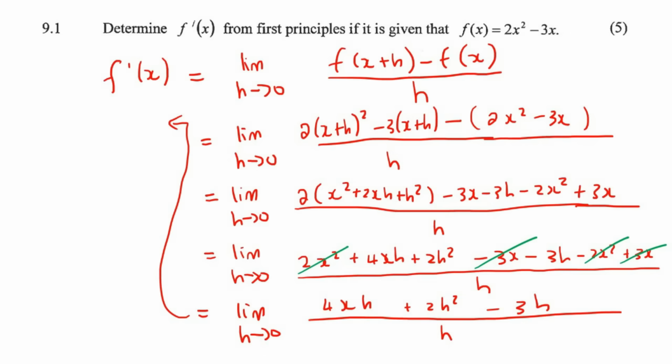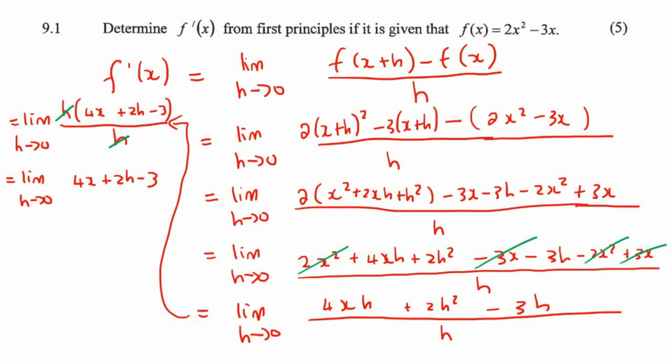Oh, I should always say, I made the big mistake. Limit as h goes to 0. Going to be giving teachers heart attacks here. So silly, hey guys. Anyways, we take out an h, and then it's going to be 4x plus 2h minus 3 over h. What then happens is that these cancel. So I'm just going to write again, 4x plus 2h minus 3.